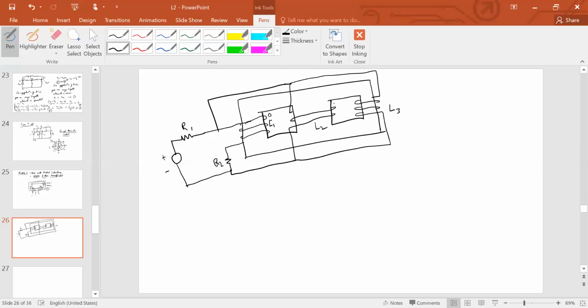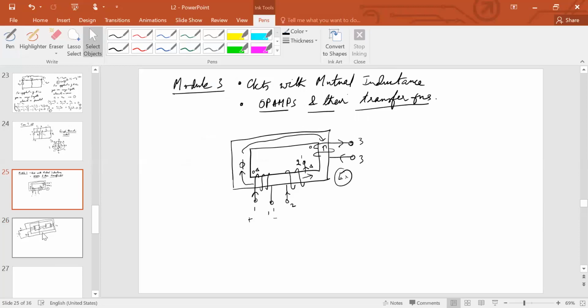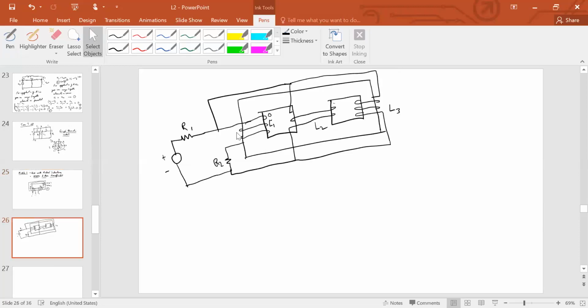If you pass a current through it in this direction, forget about the source now, it is immaterial. As we have shown in the previous figure, in order to mark out the dots, you don't need to assume any existence of a source. You can take any arbitrary polarity of the source and you can still mark out the dots.